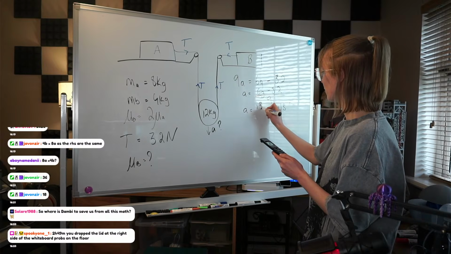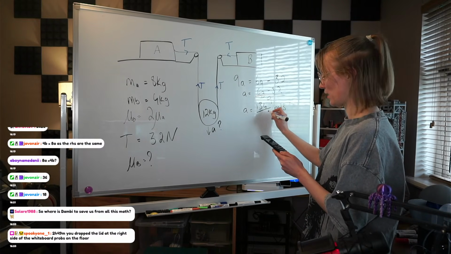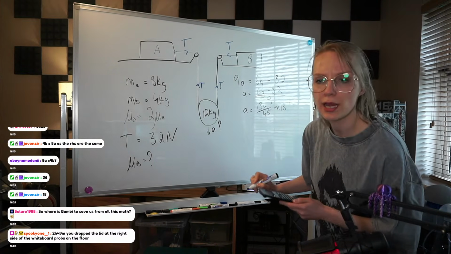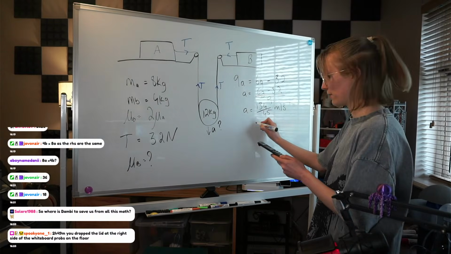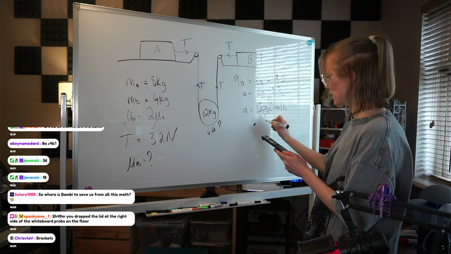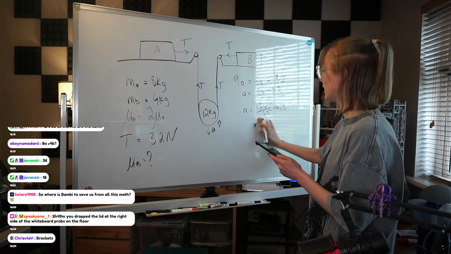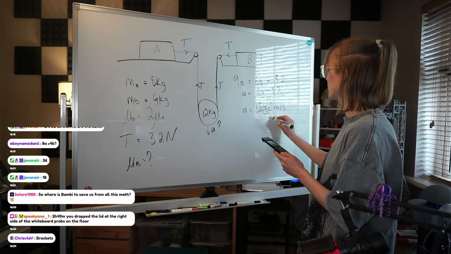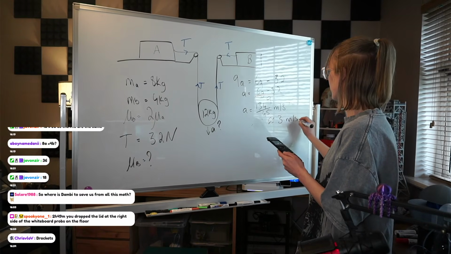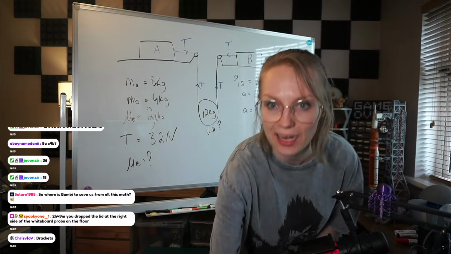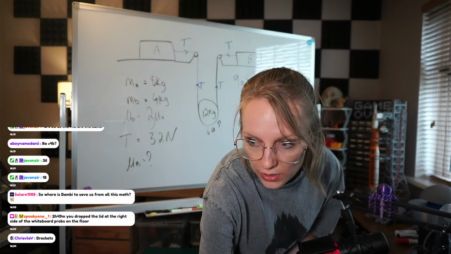I got 134 divided by 45, and the exam paper says 134 divided by 45. So if we want it in decimal places, we'll round it up to 3 meters per second squared. So it's accelerating downwards at 3 meters per second squared in this case.